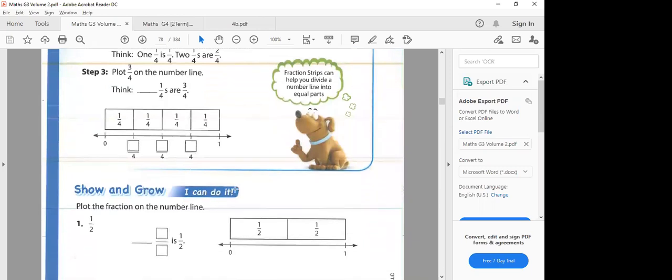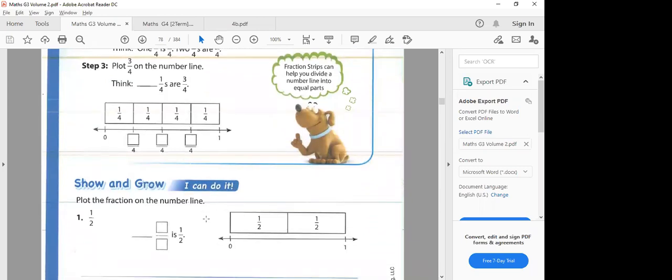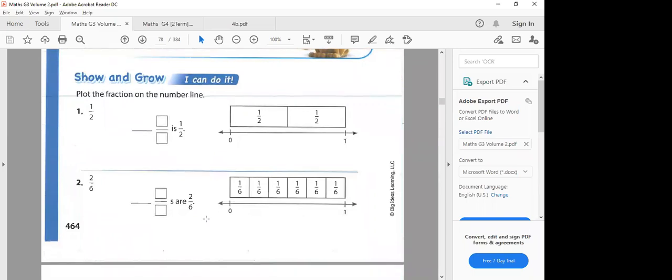Okay, now let's get more examples and see what we have today. If you have a question like this, it says plot the fraction on the number line. So you need to put half on the number line.